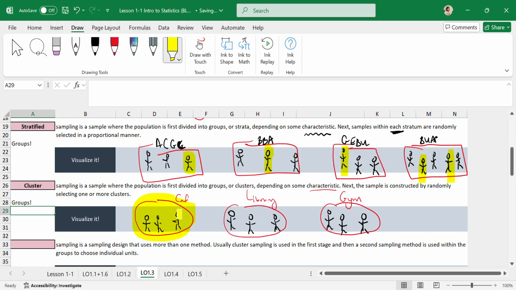I randomly select that one and I ask everybody there. I could also randomly pick two clusters, like the caf and the gym, and ask everybody there. But that's the main difference between stratified and cluster sample. With stratified, you have to choose from each group. With a cluster sample, you randomly pick the cluster and then you ask the people in that cluster.